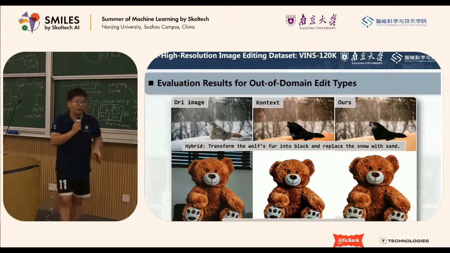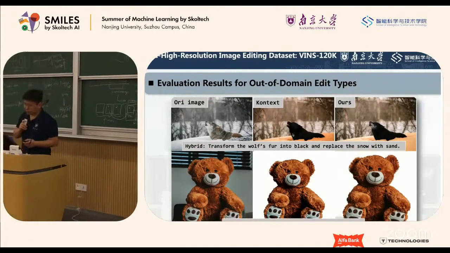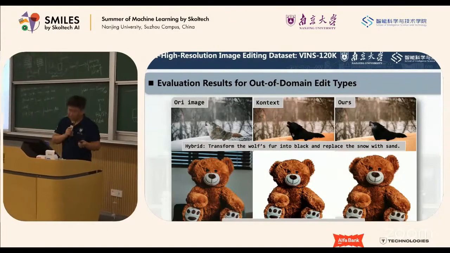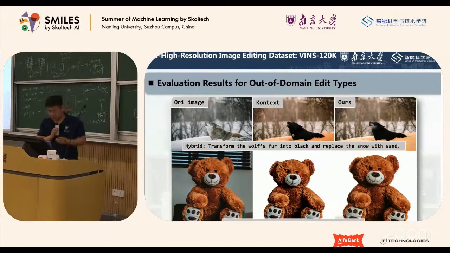So there are hybrid instructions in just one prompt. And the second one is object extraction. The proposed method is shown preserving recognizable structures and cleaner boundaries, illustrating the importance of generalization to unseen instruction types.